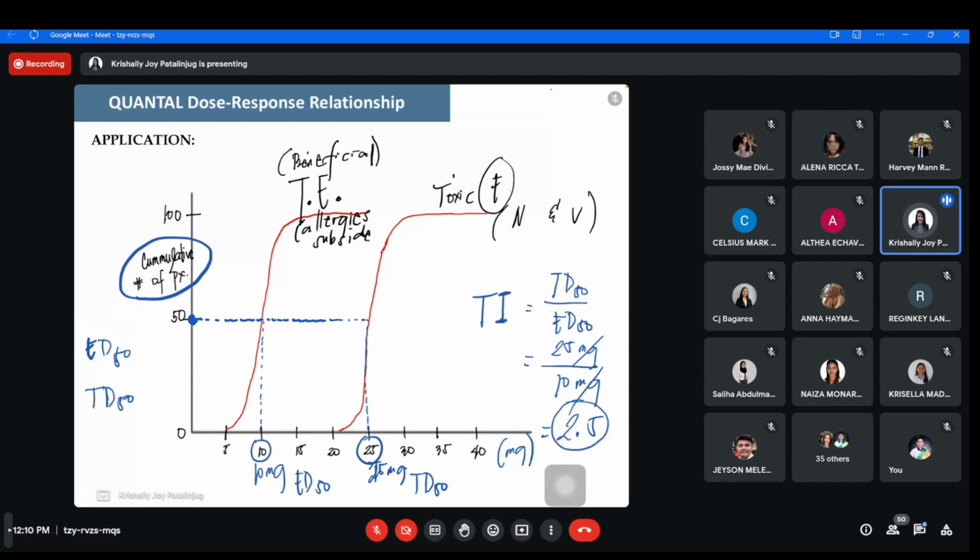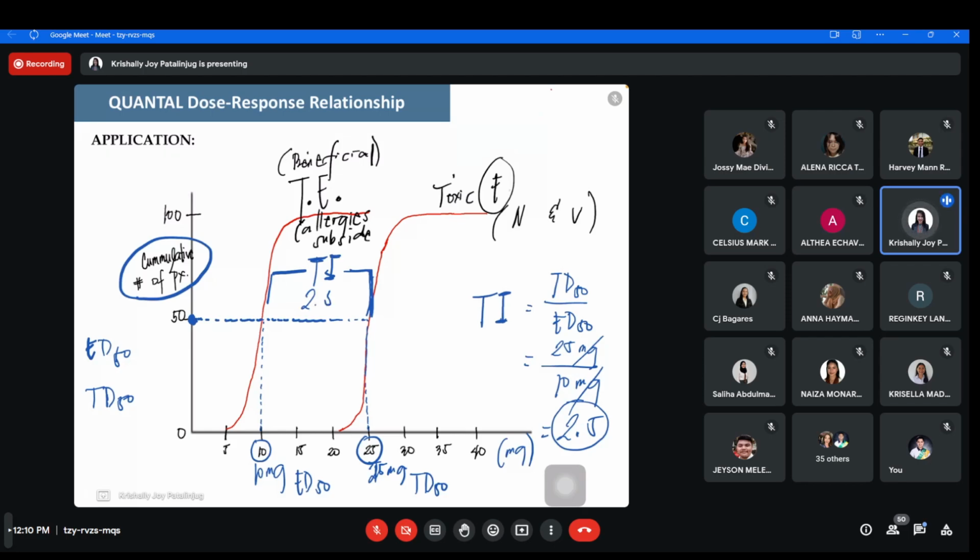Okay, so kumbaga yan yung measure of pwede mong ma-adjust yung gamot. Kasi more than that, ma-attain mo na yung adverse effect of that drug. So that's the therapeutic index 2.5.